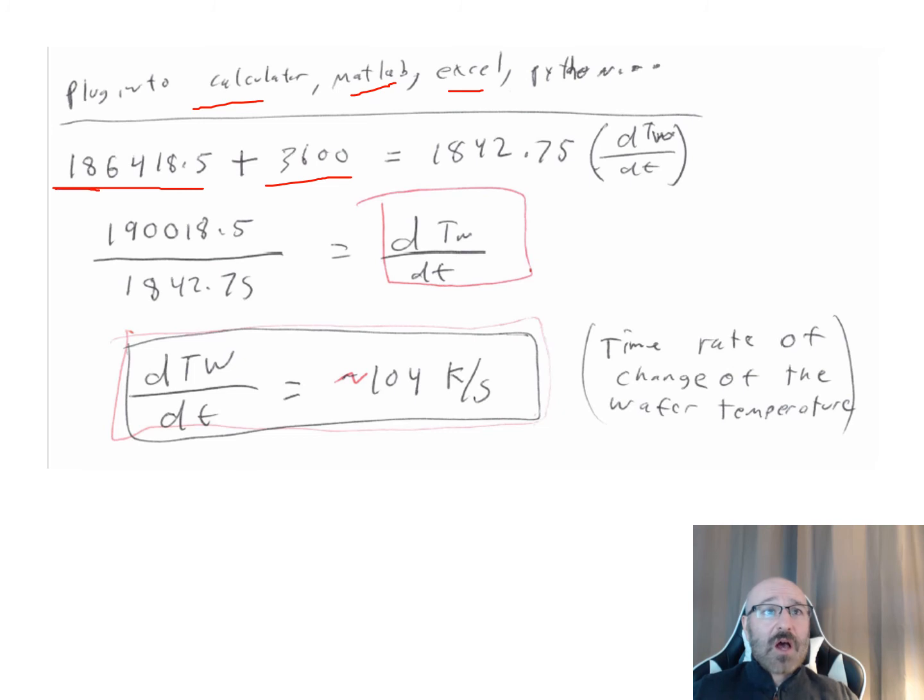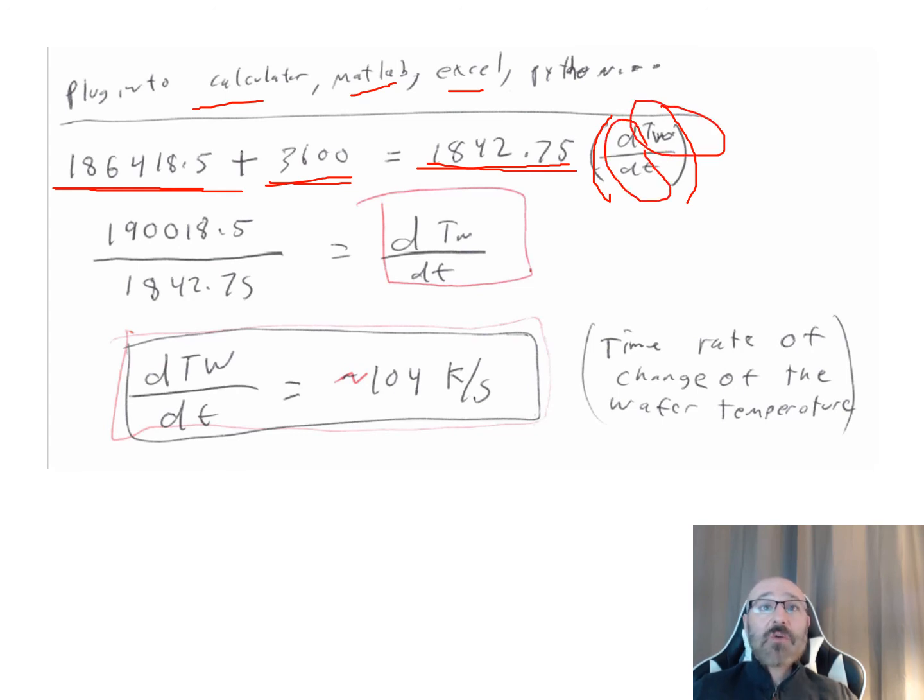You have 186,418.5 plus our 3,600 for our inflow and outflow, and this is equal to, when we do our math for the beginning part of our stored energy term, 1,842.75 times what we're looking to solve for in this problem, which is the change with respect to time of the temperature of the wafer.